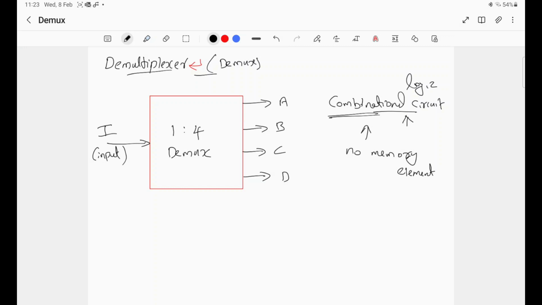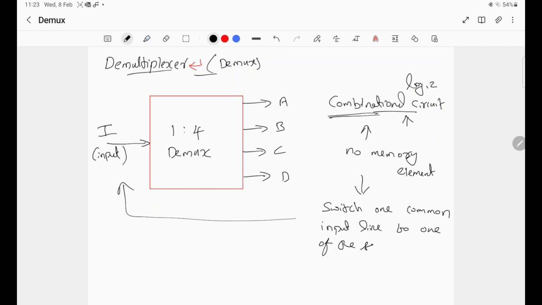So going back to the definition, a demultiplexer is a combinational logic circuit designed to switch one common input line, that is this input, to one of the several separate output lines.